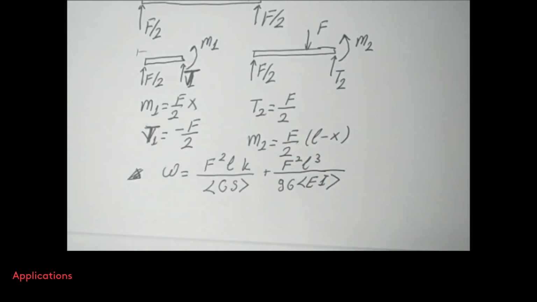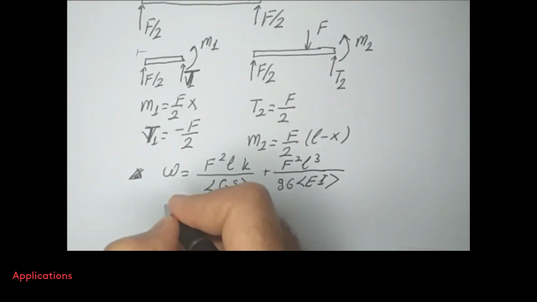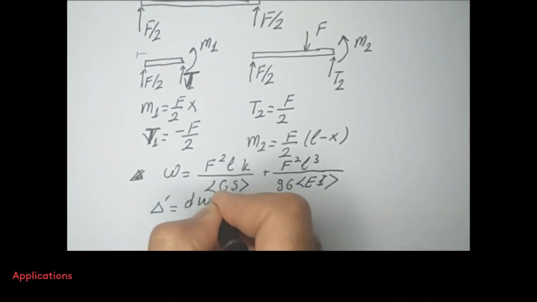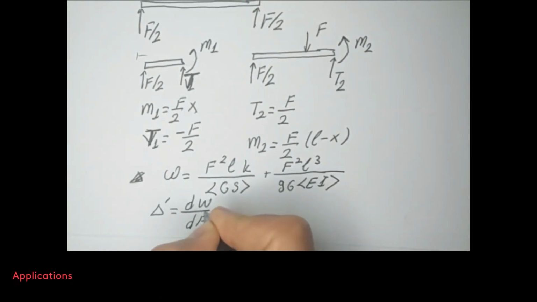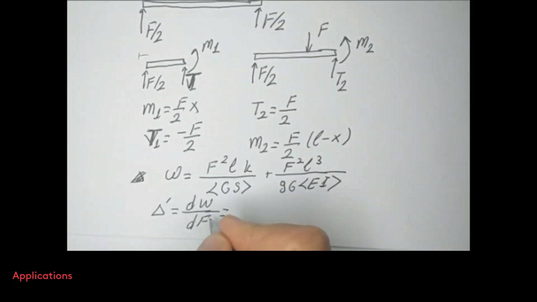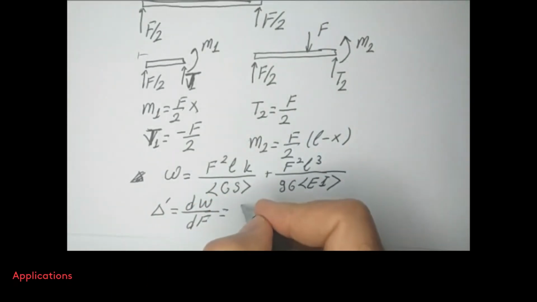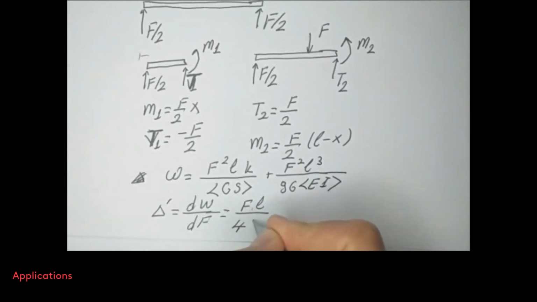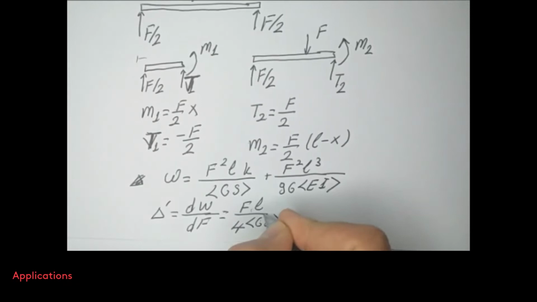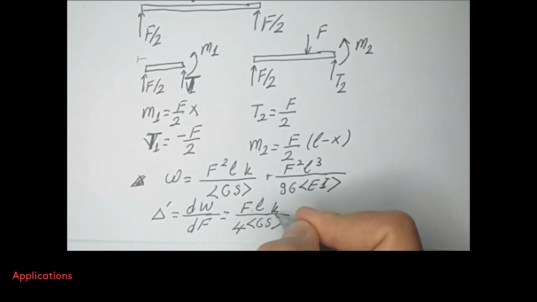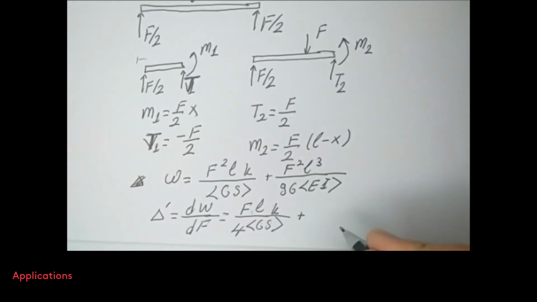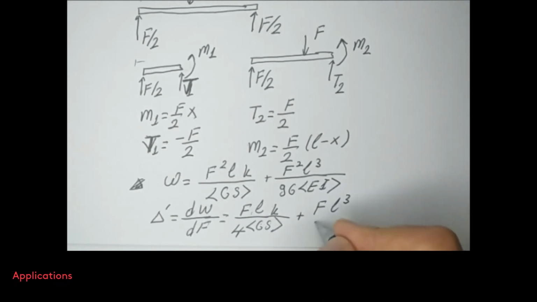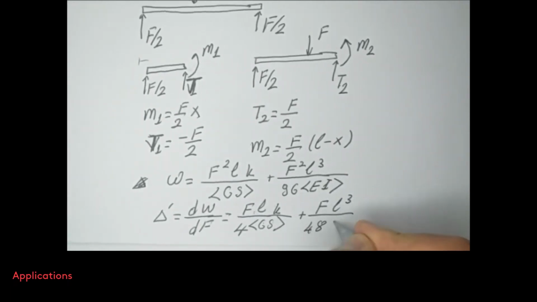Delta prime is equal to dW dF, and that is F L divided by 4 GS multiplied by K plus F L cube 48 E multiplied by the effective Young modulus.